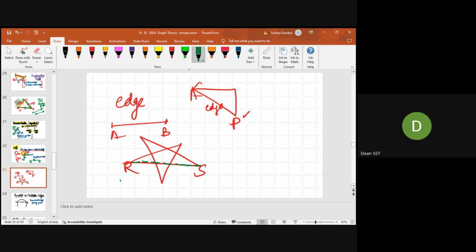Normally, an edge joins two vertices, but suppose we have point X, and one edge starts here and comes back to the same point. It means this edge is joining X and X, where X and X are the same vertex. So this is known as a loop. Is it clear?